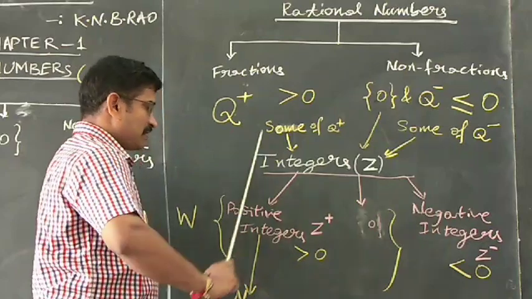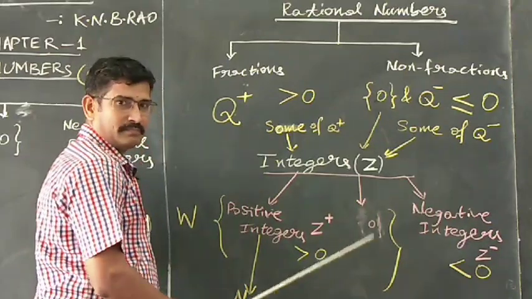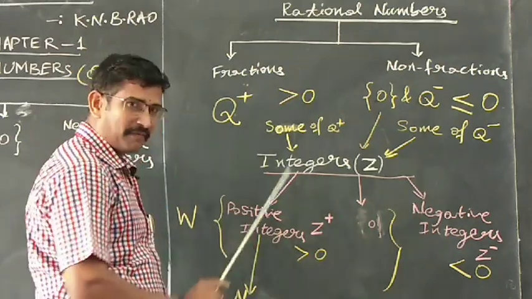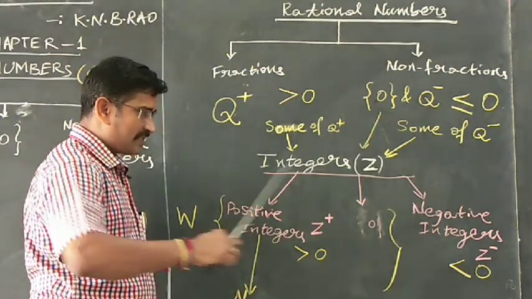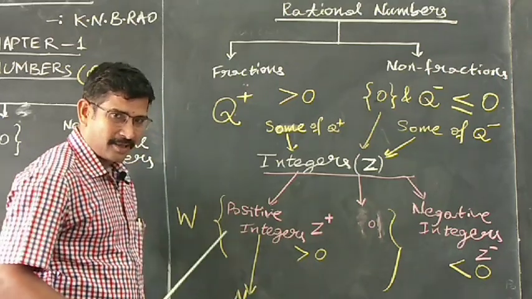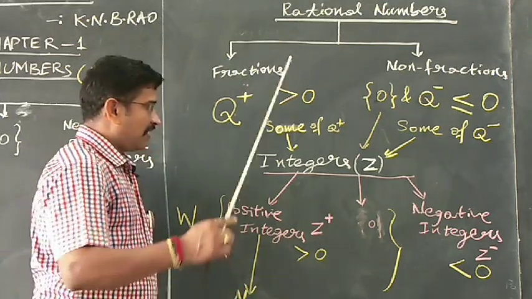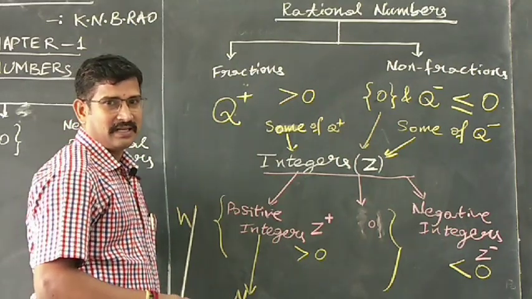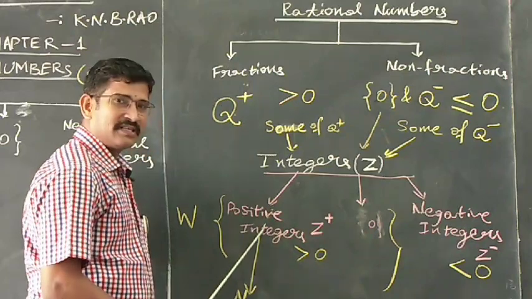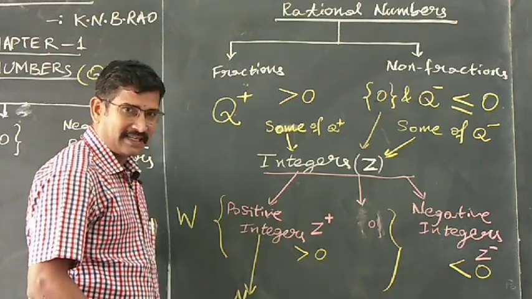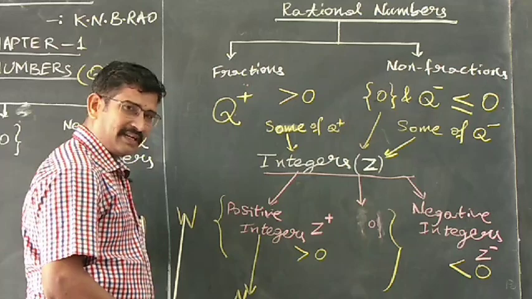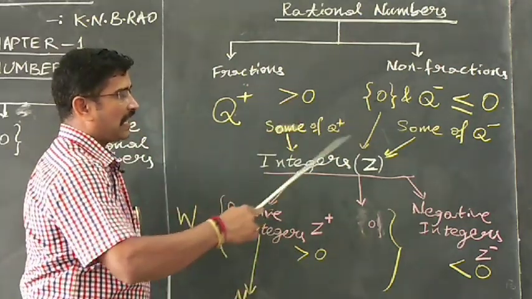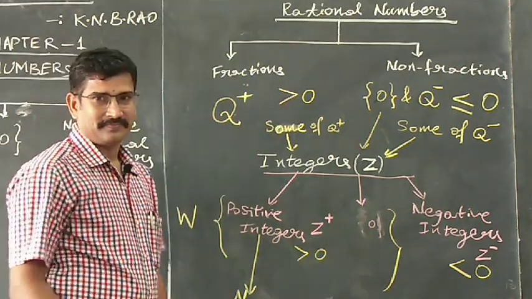Some of the integers, that is, all the positive integers as well as 0 put together, are called whole numbers, which means the integer set includes whole numbers. Then these positive integers alone are called the natural number set. That means the whole number set includes natural numbers. So, this is the flow diagram of the rational number set.